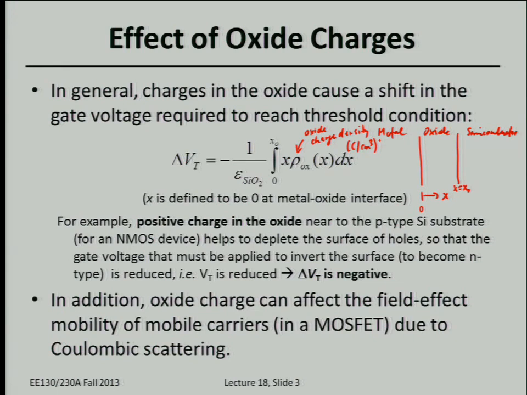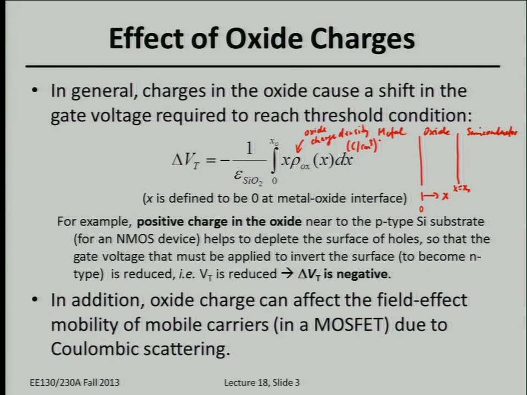Okay, so let's say you have a P-type silicon substrate. You have some silicon dioxide over that P-type silicon substrate and a metal gate on top.